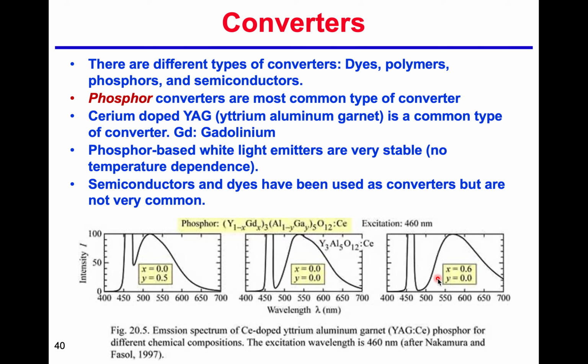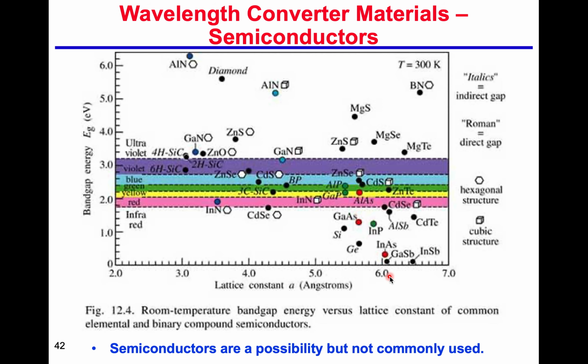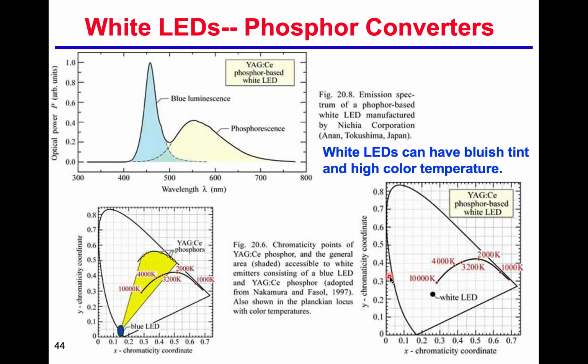On the other hand, if we increase the X value, it means we put more gadolinium into yttrium, then we can have the red shift in this condition. So, okay, we see this figure.